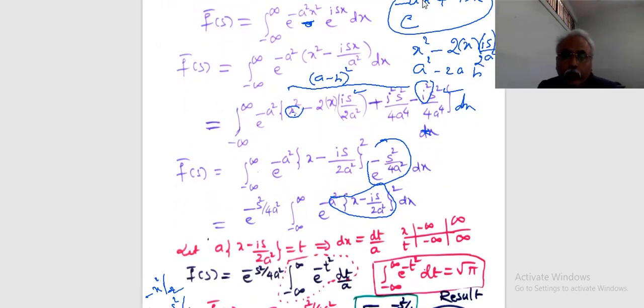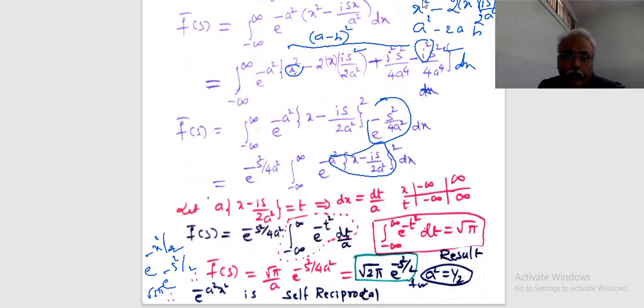Now convert in terms of t. Forget this square part. Inside the square part, this small bracket that has a is t. A dx becomes dt, dx becomes dt by a. In terms of t, it looks like this. This is a standard root pi value, root pi upon a into this. This becomes one set of answer.